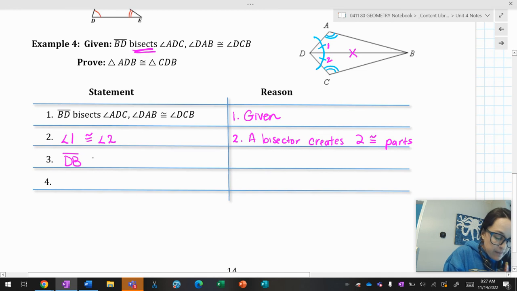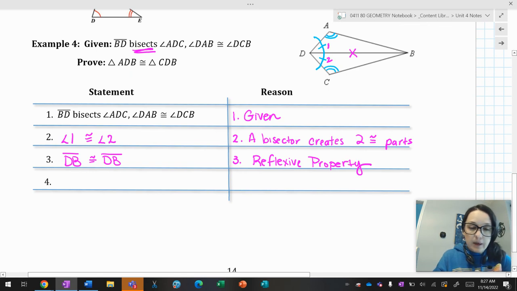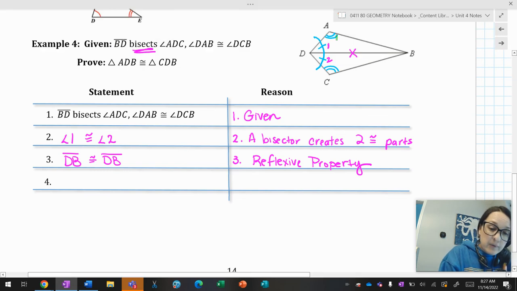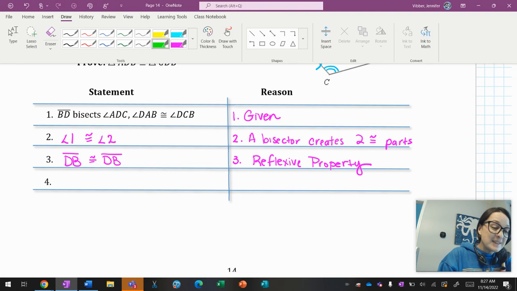So DB is congruent to DB by the reflexive property. And now if I look at the picture that I have here, I have an angle up here, I have an angle right there, and I have the side that is not between them. So this is AAS.